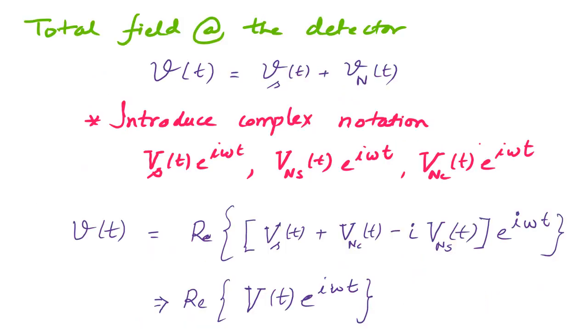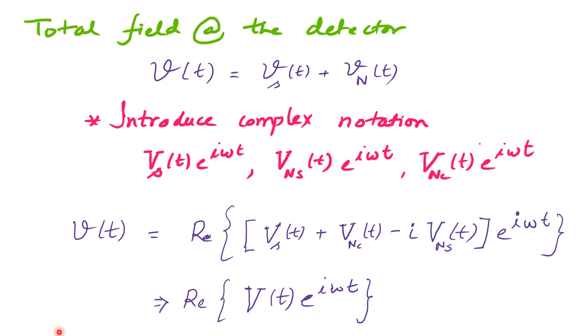So the total field at the detector is simply the signal, which had a cosine omega t term, and the noise term. That is precisely my total signal at the detector. Now, what we are going to do to consider this in a more meaningful and mathematically elegant way is to invoke something called the complex notation.